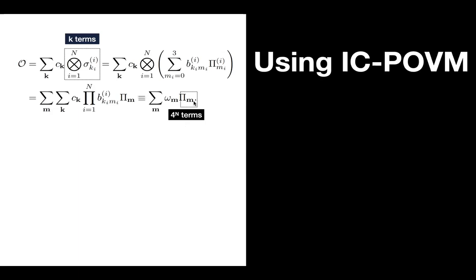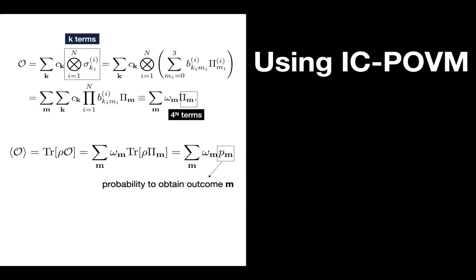And you may think, well, is there actually an advantage of doing this? This is what I will try to prove in the following. The key point is that we can now, using this expression, rewrite the mean value of the observable O as the sum over m of this coefficient omega m times pm, where pm is now the probability to obtain outcome m on the measurements on all the qubits.